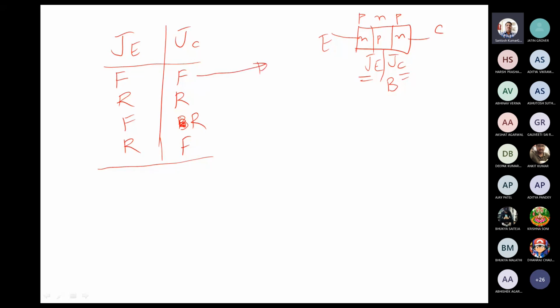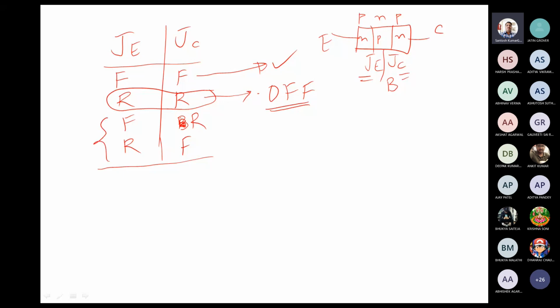So forward bias. Okay, when both junctions are forward biased, what happens? We shall see. One very simple case is when both junctions are reverse biased. When both are reverse biased, there is no current, and there is no doubt that the device is off.